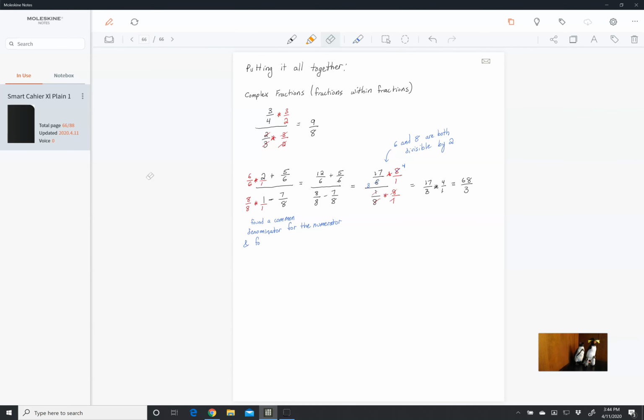And we found a common denominator for the denominator. So we did this separately. That was our first step.